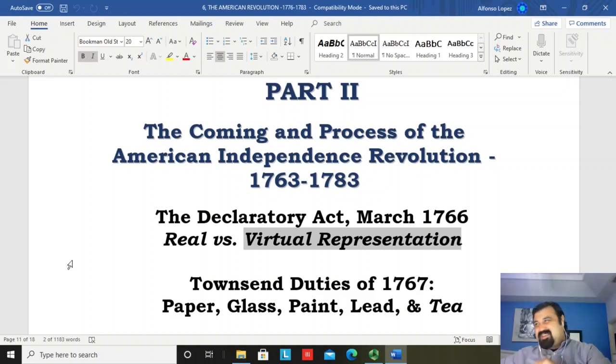In fact, we're going to remove some of the taxes, some of the laws that we passed, not all of them, but some, but there will be no real representation. In other words, you're not going to send people over to London, because we're going to grant you virtual representation.